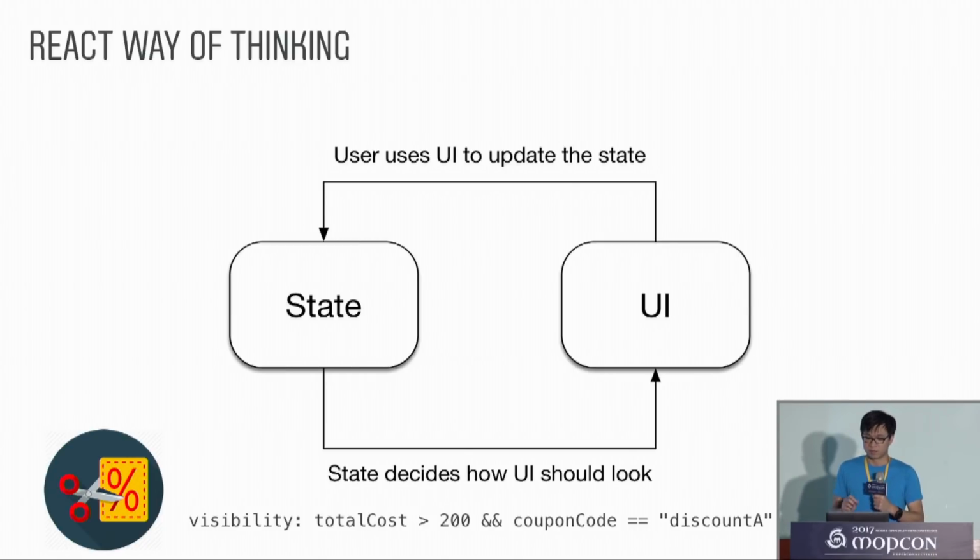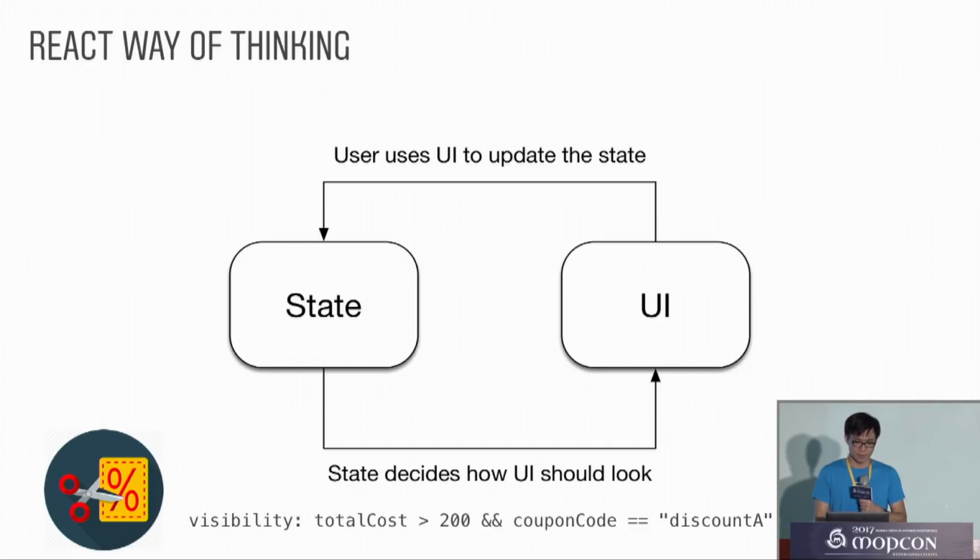When the condition is right, the discount icon will be visible automatically. That's the power of the React way of thinking. You don't need to have the visibility of the discount icon as a state. It can be computed functionally. The less state you have in the code, the easier it is to reason about the code. So you want to have a single source of truth and let the state decide how the UI should look.